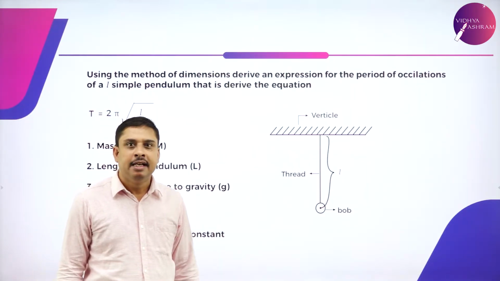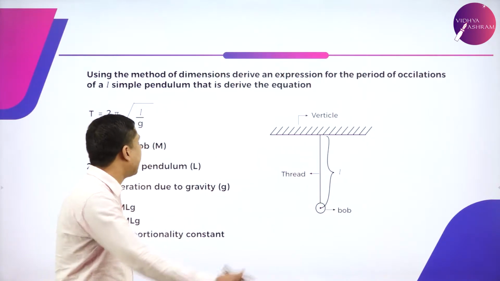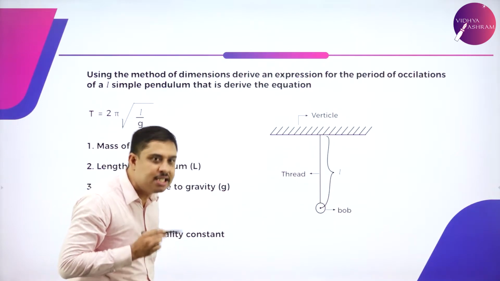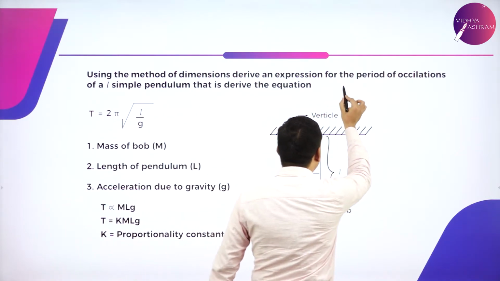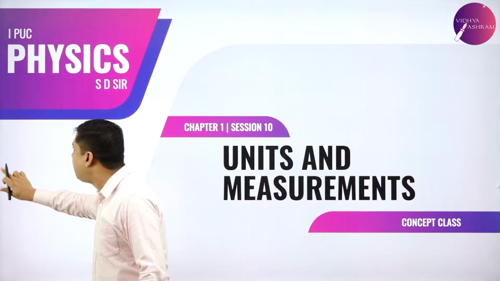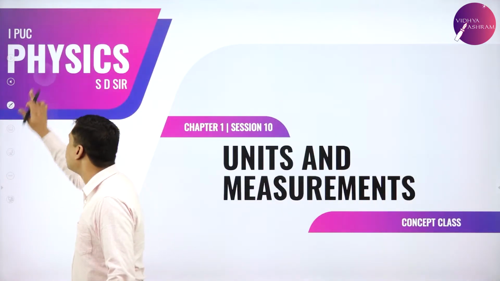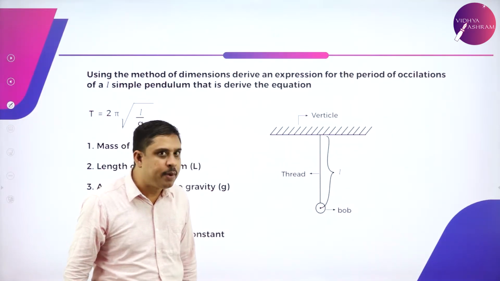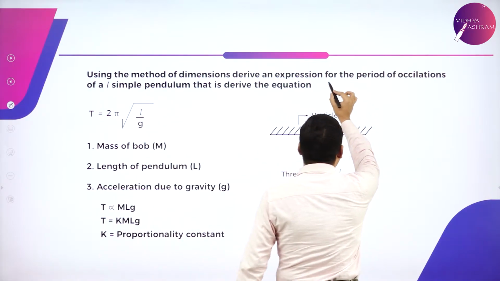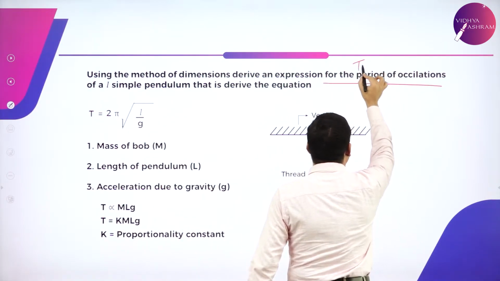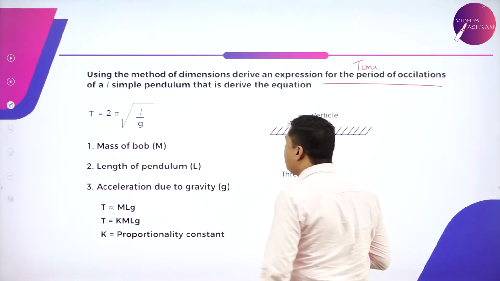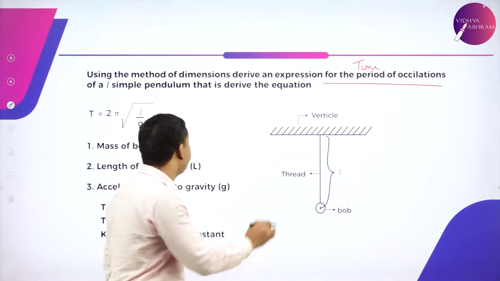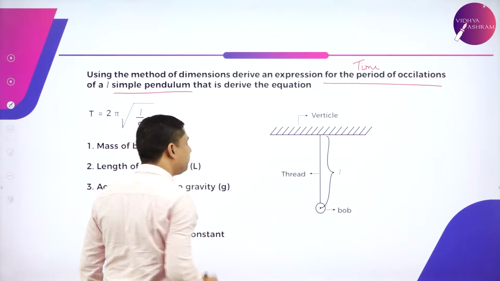Now, the first example I have taken is: using the method of dimensions, derive an expression for the period of oscillations. I am deriving an expression for the time period, exclusively the time period of oscillations of a simple pendulum.